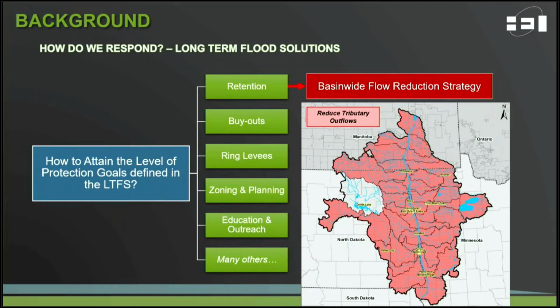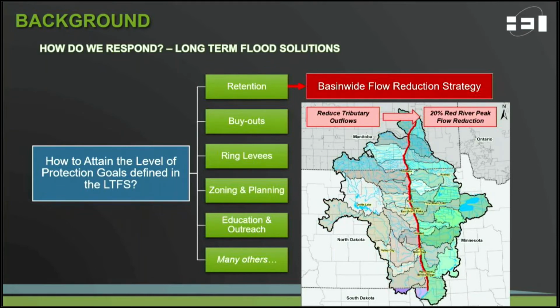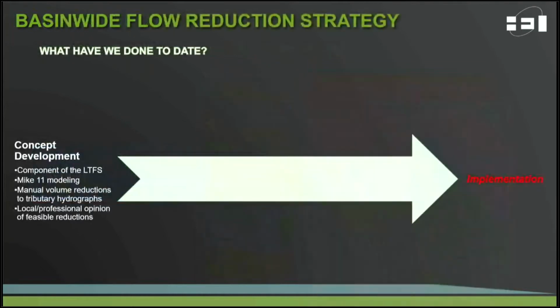If retention is used to help solve some of these localized tributary flooding issues, and that kind of system can be put in place across the entire Red Basin, can we move towards a system where we actually have an effect on the flooding on the Red Main Stem? The goal put out there is to reduce peak flows by 20% on the Red Main Stem.